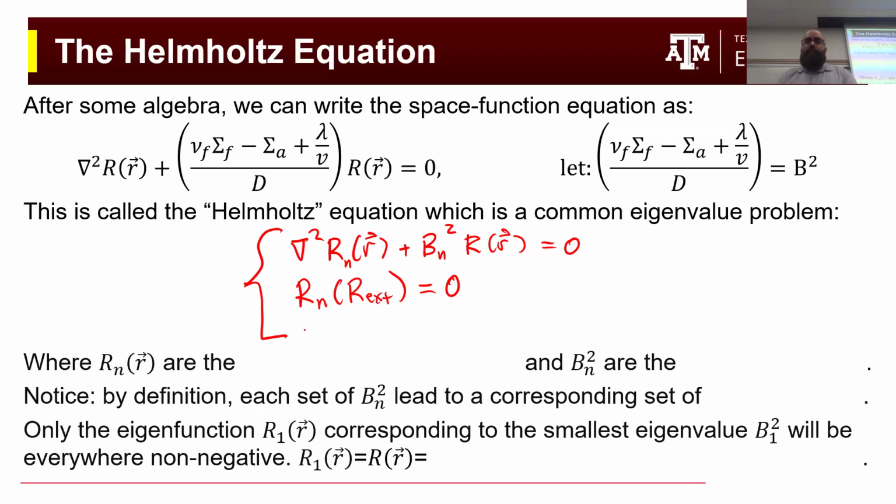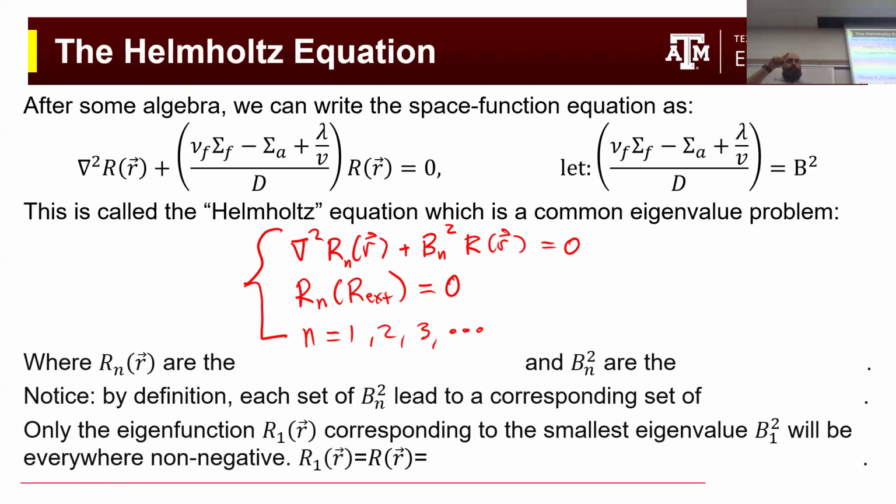And then this is an eigenvalue problem, so n can be any integer. It could be 1, it could be 2, it could be 3, all the way up to infinity. There's going to be an infinite number of these Rn and Bn pairs that satisfy this equation.